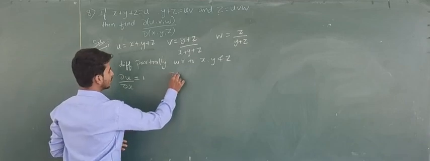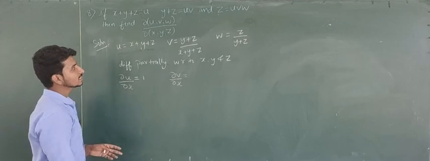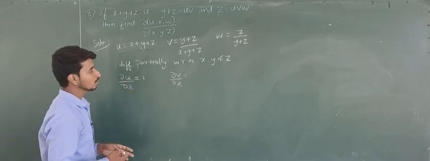Next dou v by dou x. This is in the form of a quotient rule, so we will apply the quotient rule here.